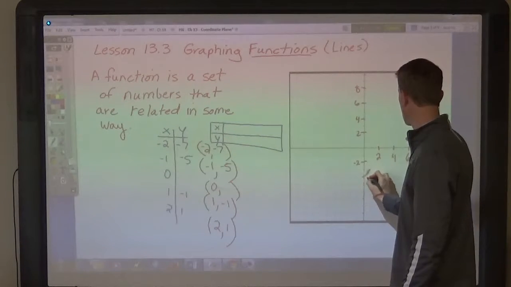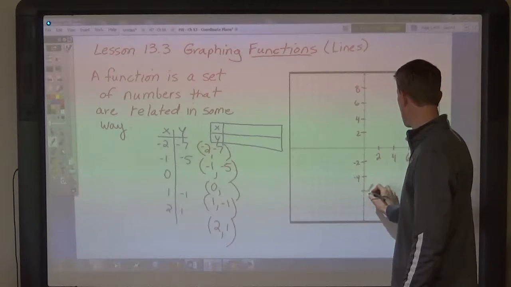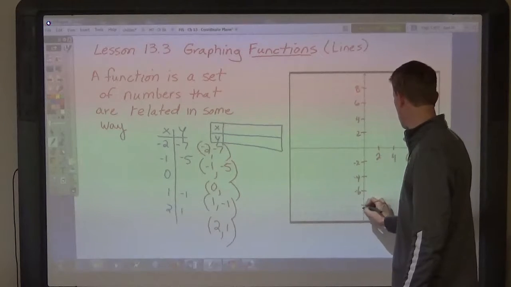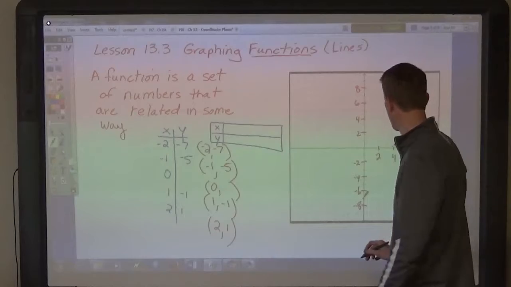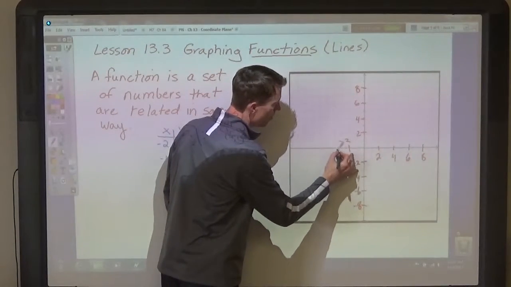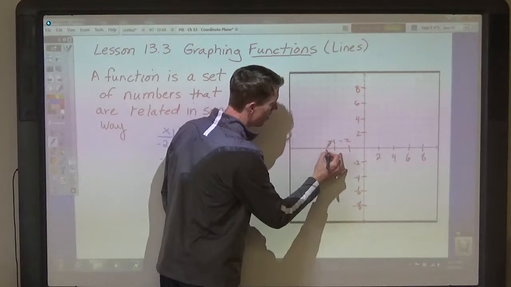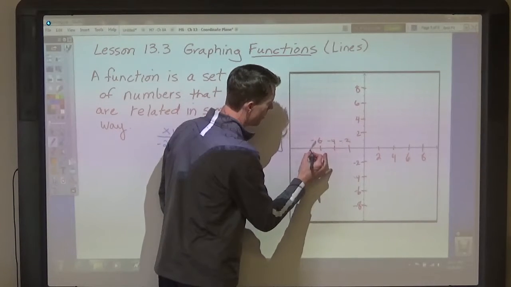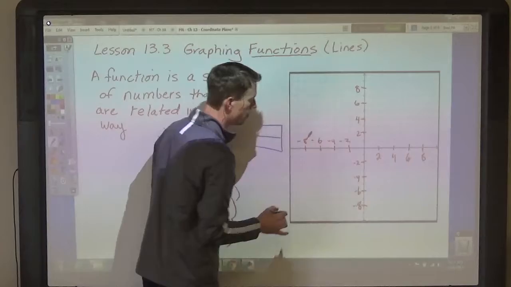Negative 2, negative 4, negative 6, negative 8. And negative 2, negative 4, negative 6, and negative 8.